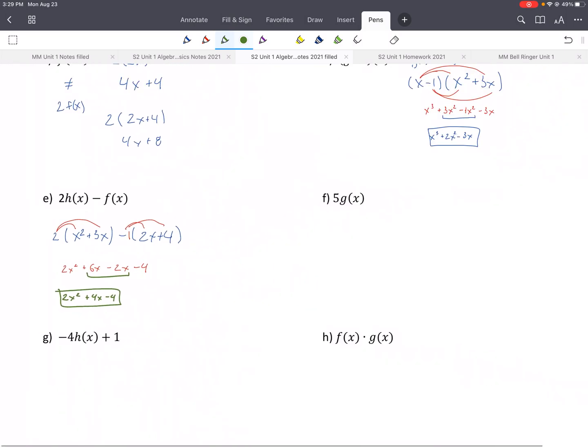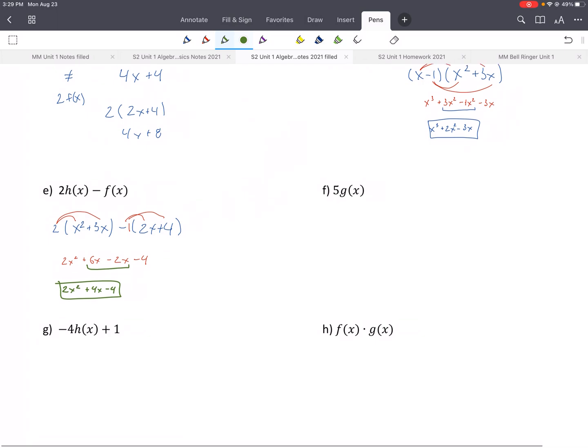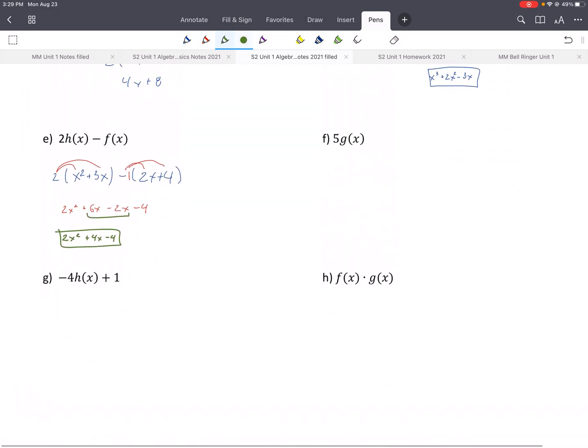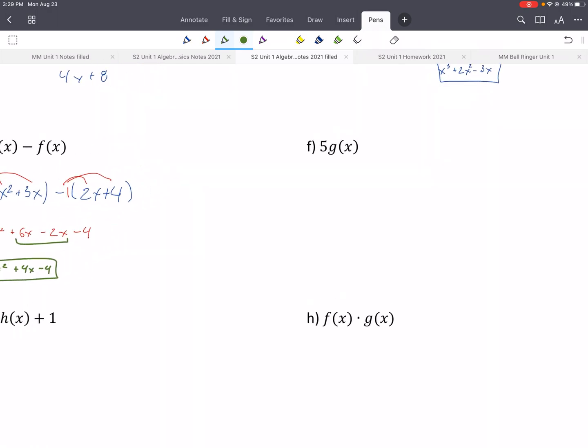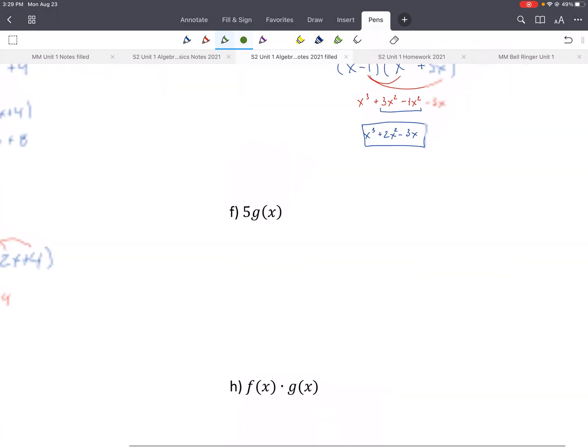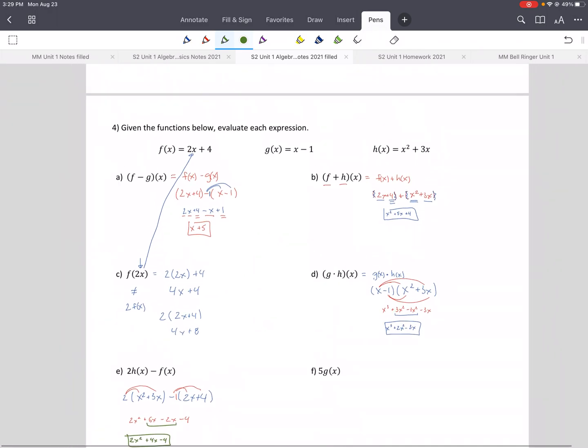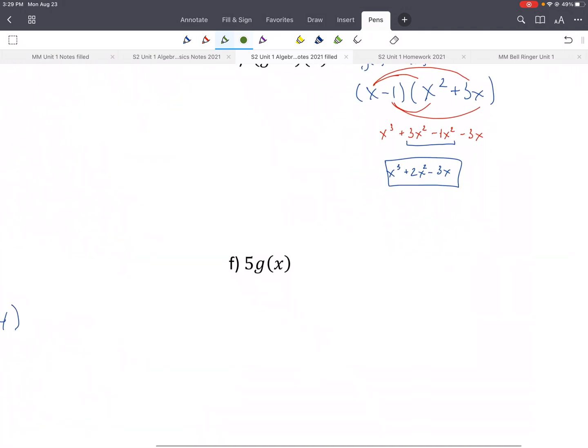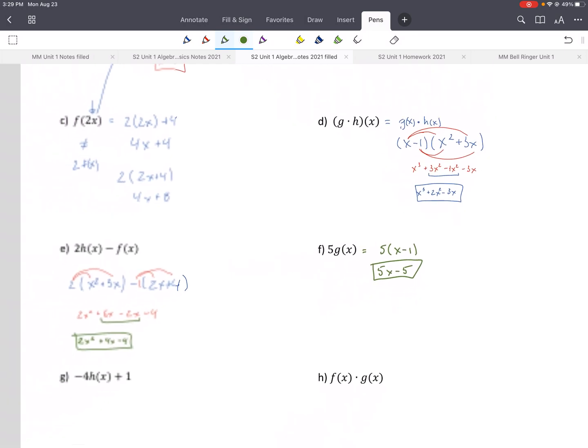Right. So if you're feeling like you're good with this, then you can probably go on. I will finish this up if you'd like me to. So 5 times g of x, which is x minus 1. So we got 5 times x minus 1, which is 5x minus 5. Okay.